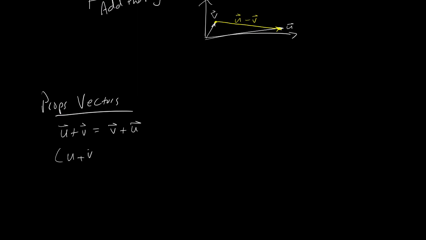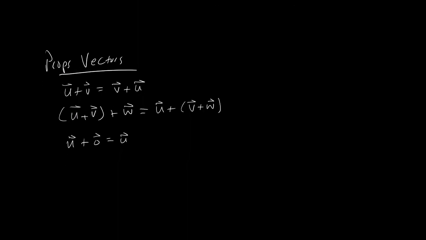If I've got u plus v and then I add vector w, that's the same as u plus the quantity v plus w. Also, u plus the 0 vector is just the original vector u, so that's our additive identity. If I add the opposite of a vector to itself, we get 0, so there's our inverse property of addition for vectors.